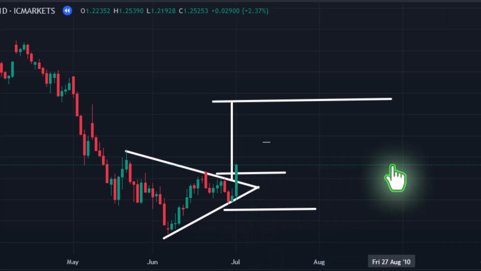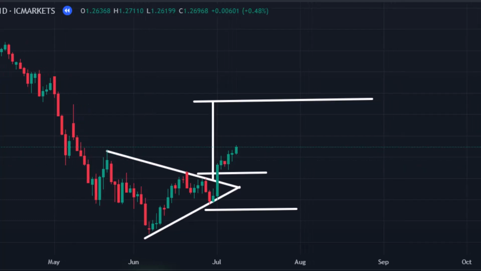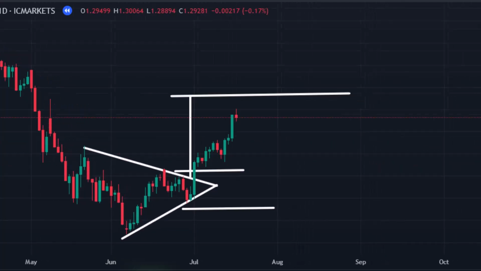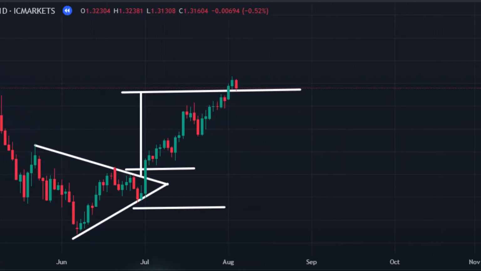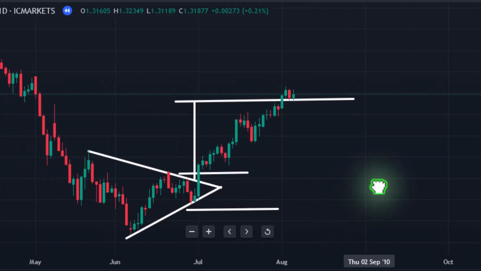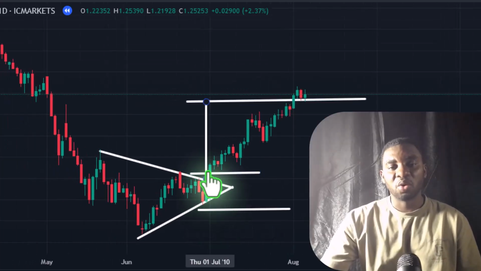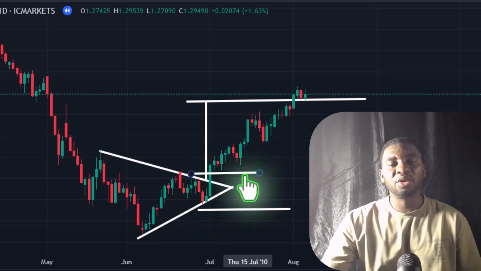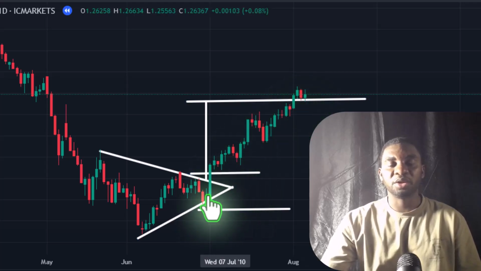So we'll watch to see how price is going to play out. You see, after the breakout, you can see our target has been hit. I told you earlier on, sometimes when there is a breakout, price doesn't come back to retest the breakout point. It will just go straight away. So this is what just happened.